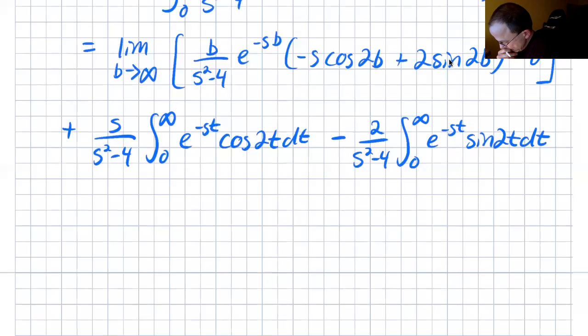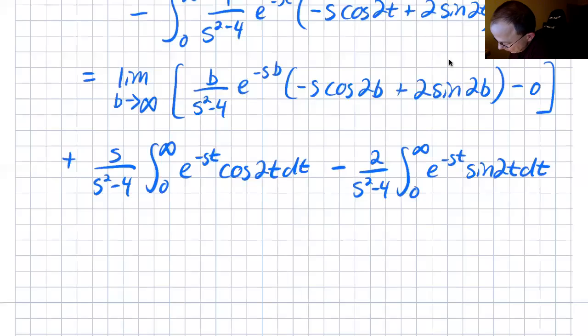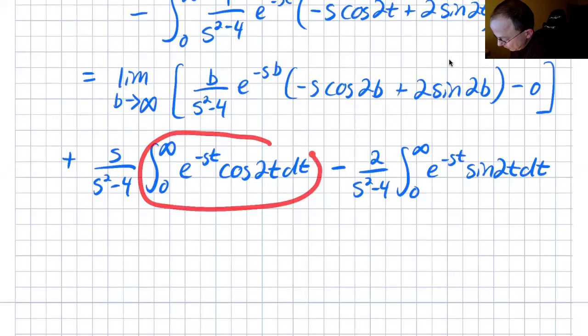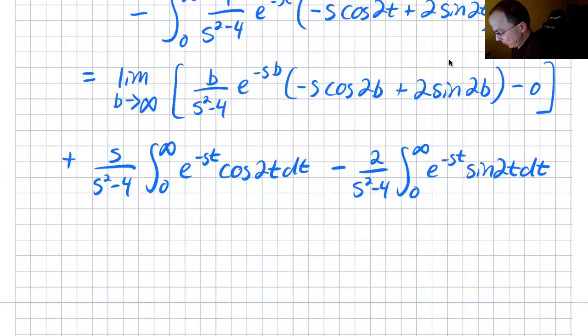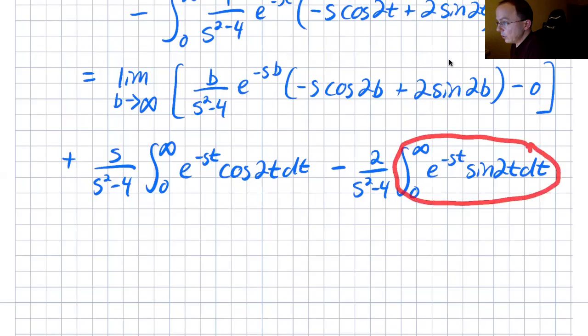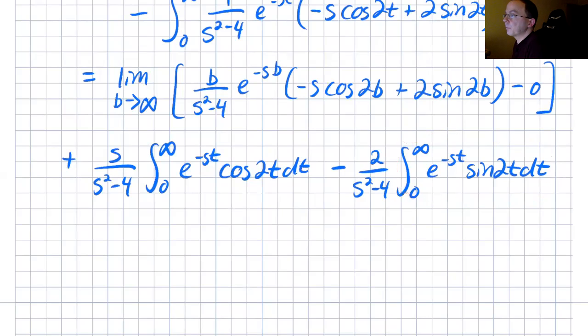Okay. So this thing here, this is the Laplace transform of cosine 2t, and we know what that is. And this is the Laplace transform of sine 2t, and we know what that is as well. Okay, now the question is, what's going on up here as b goes to infinity? Well, I think all of this stuff is going to go to 0.